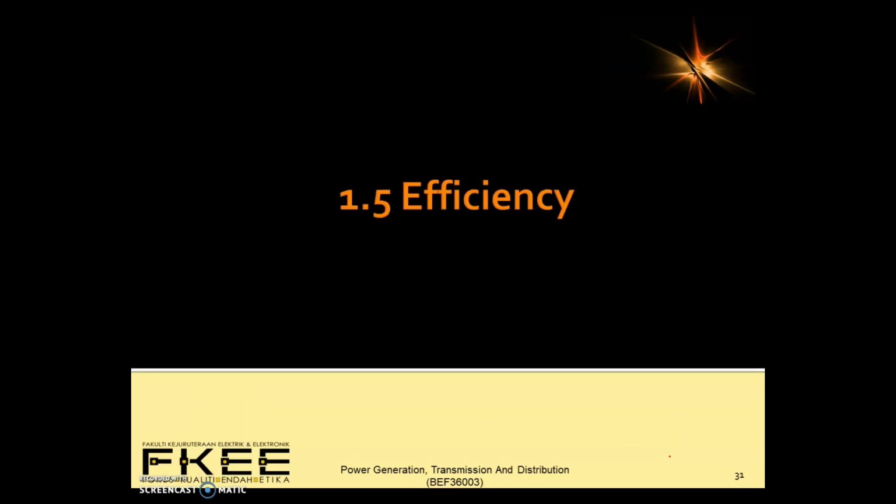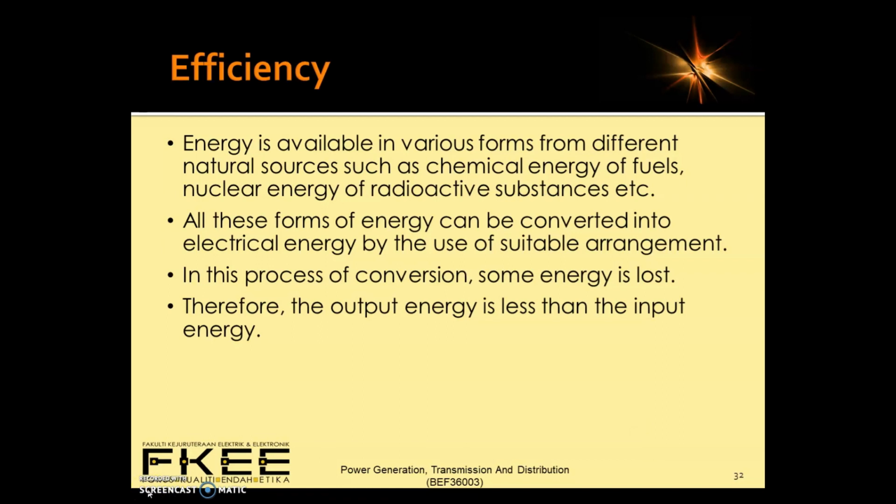So next is about the efficiency. Energy is available in various forms from different natural sources such as pressure heat of water, chemical energy of fuels, nuclear energy of radioactive substances, etc. All these forms of energy can be converted into electrical energy by the use of a suitable arrangement.